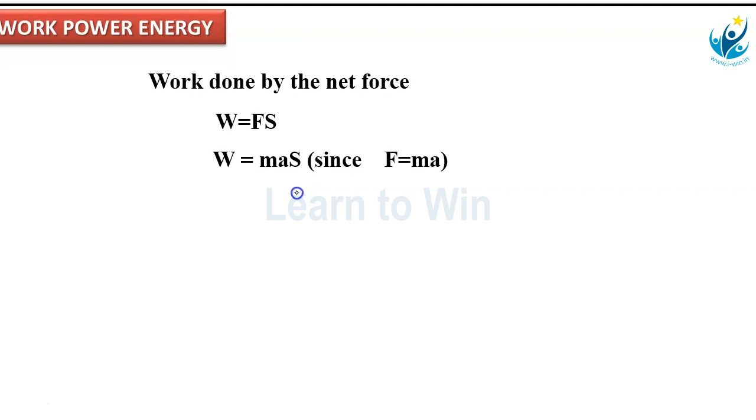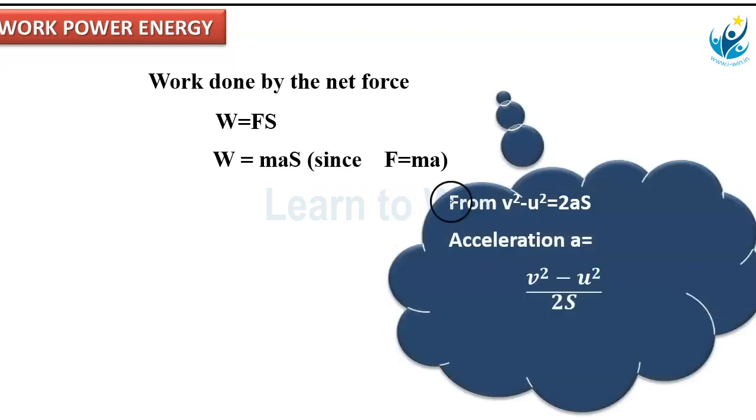The equation of motion which relates these four quantities is v square minus u square equal to 2as. From here, the acceleration of the particle is a equal to (v square minus u square) by 2s.